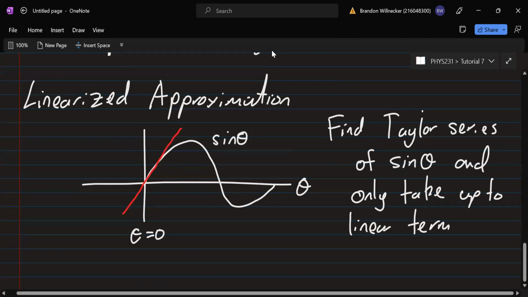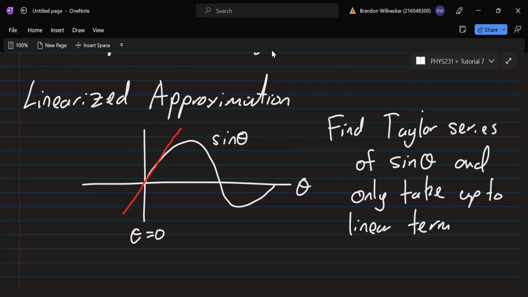That gives us the straight line. So if we expand this out in a Taylor series and only take those first few terms, so not the quadratic and onwards, then we get a linearized approximation. In this case, if you do the Taylor series expansion, we see that this is approximately theta. So there's no constant term because it goes through the origin, so there's no vertical shifting involved.